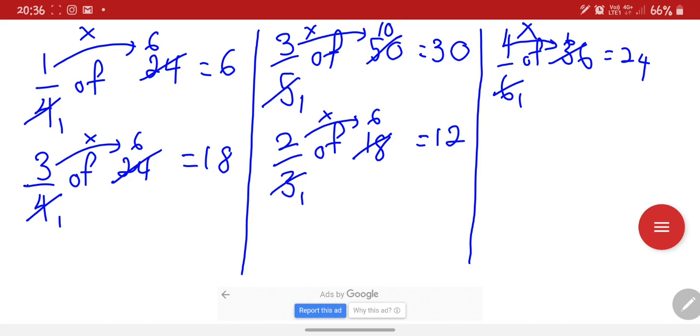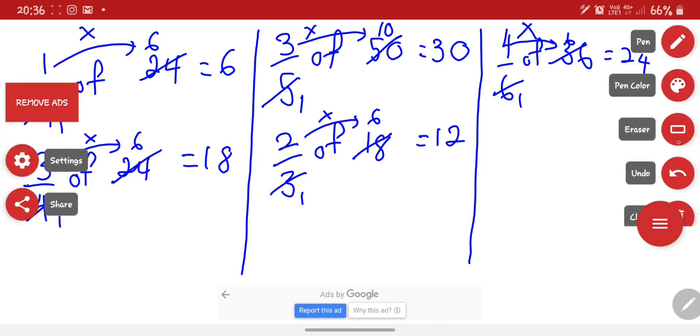Okay, we did 5 examples, so I hope you are clear on how to do fraction of a quantity. You will be using this a lot. The thing that will be changing is just the numbers. The numbers will get bigger and the fraction will also get bigger, but the concept is the same. Okay, I recap again.